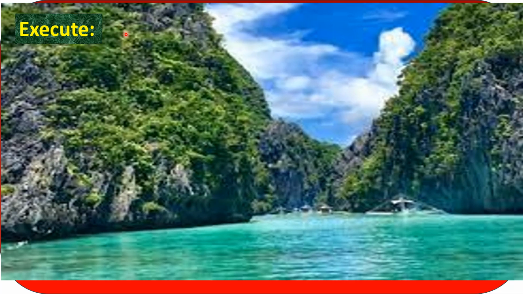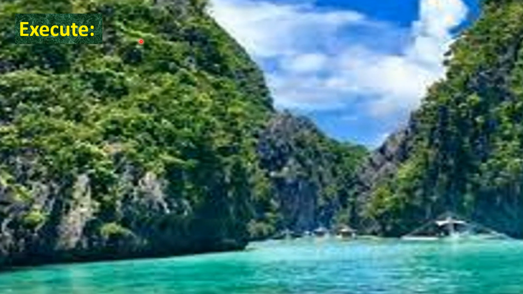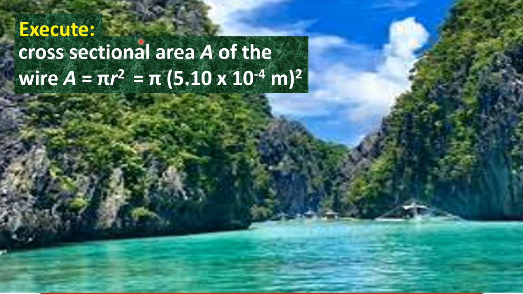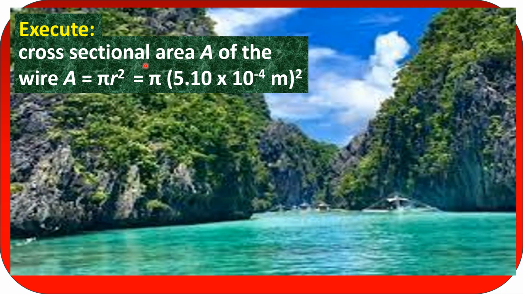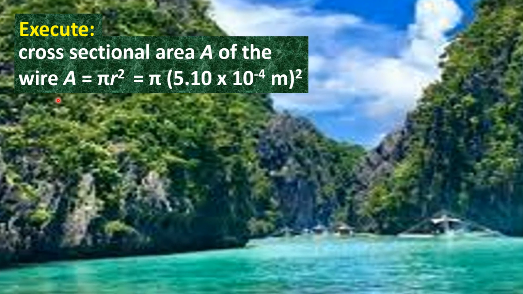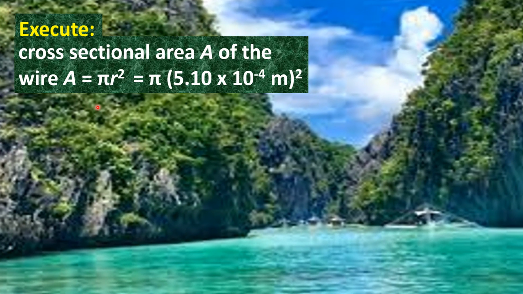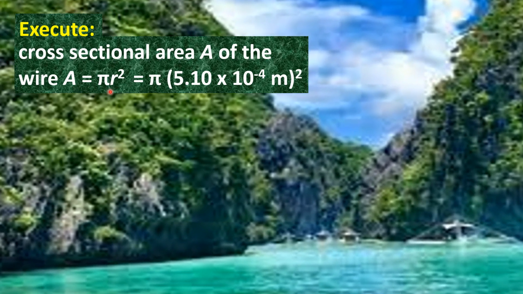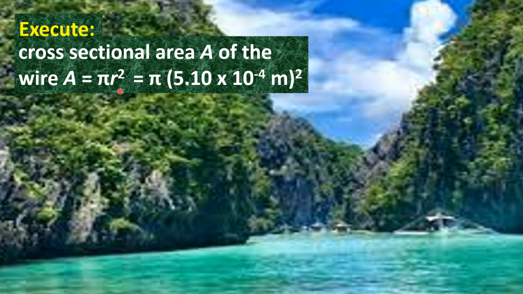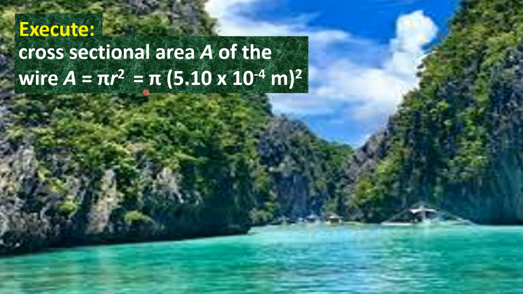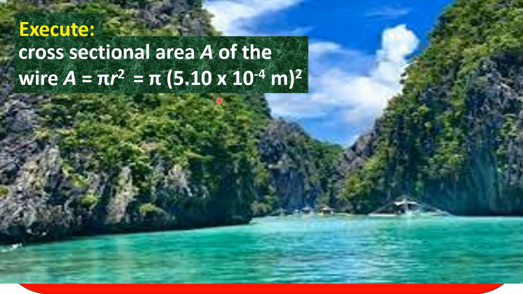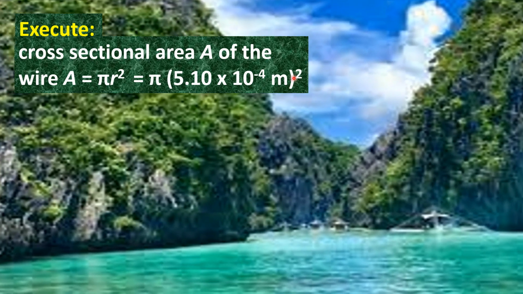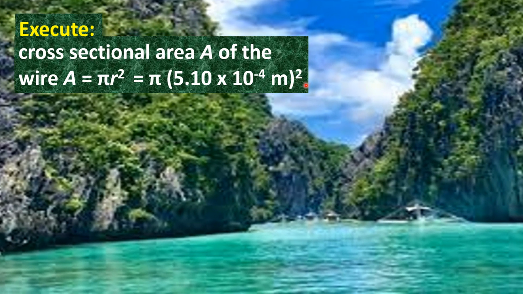Before calculating for the current density, let's compute first for the cross-sectional area of the 18 gauge wire. Using the formula for the cross-sectional area, which is the product of pi and the square of the radius, that is pi multiplied by 5.10 times 10 to the negative 4 meters, quantity squared.